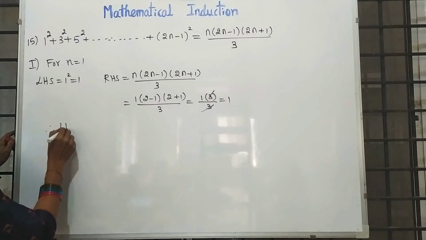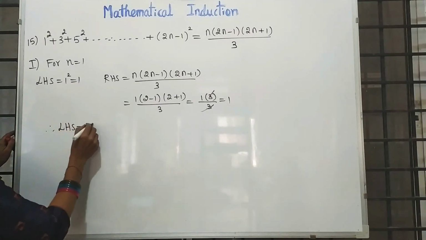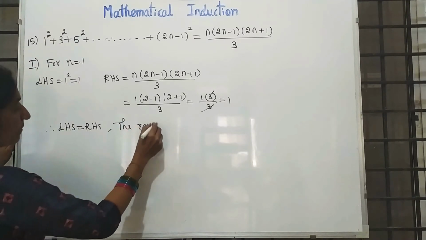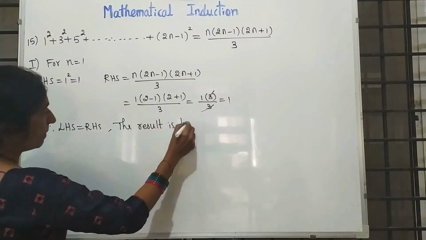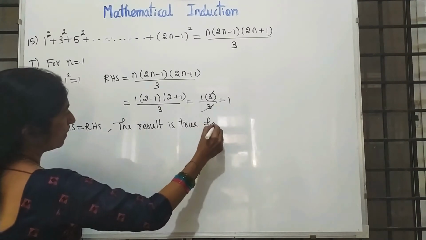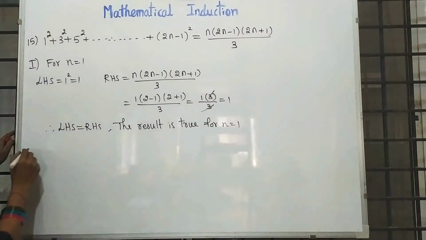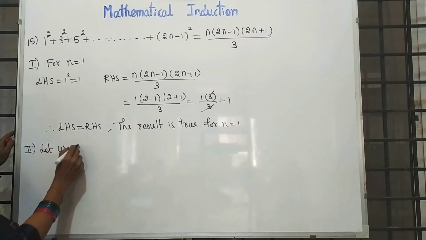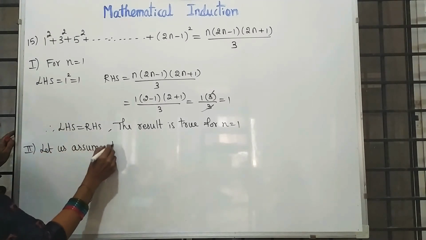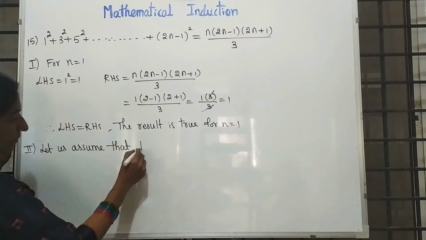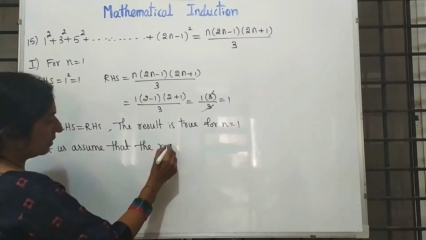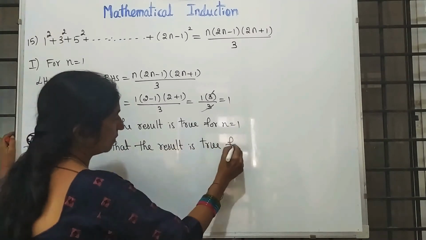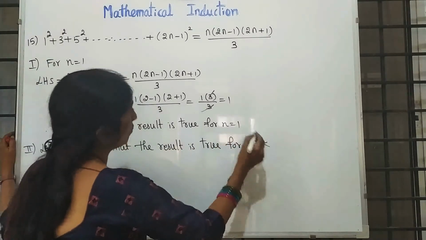Therefore, LHS is equal to RHS. The result is true for n is equal to 1. Second step. Let us assume that the result is true for n is equal to k.